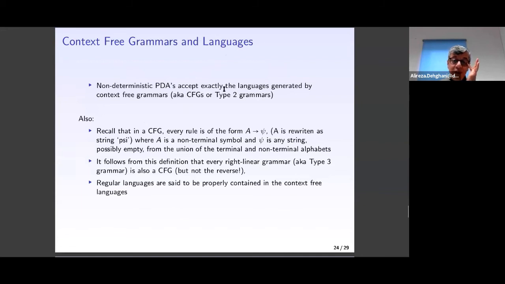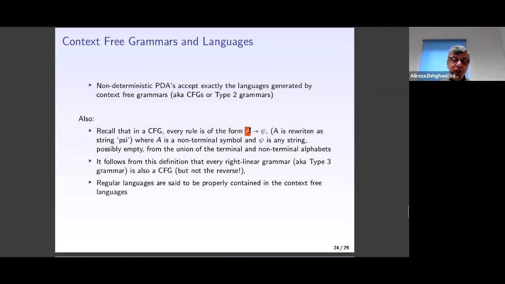Non-deterministic PDAs accept exactly the languages generated by context-free grammars, also known as CFGs, or type 2 grammars in the Chomsky hierarchy. Also, recall that in context-free grammars, every rule is of the form. We remember what was the definition of type 2 grammar or context-free grammars. It was of this kind.